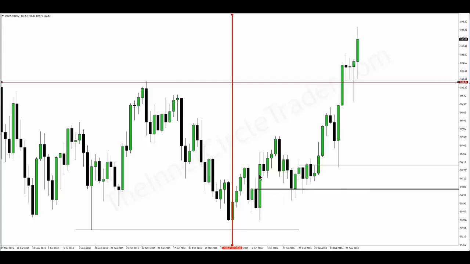Okay, so price trades through this down candle. Now this down candle on a weekly has been refined from a monthly level. So now we can anticipate this level. If it's traded back down into it, we could be a buyer at that level. We see that happening here. Price trades down into it.